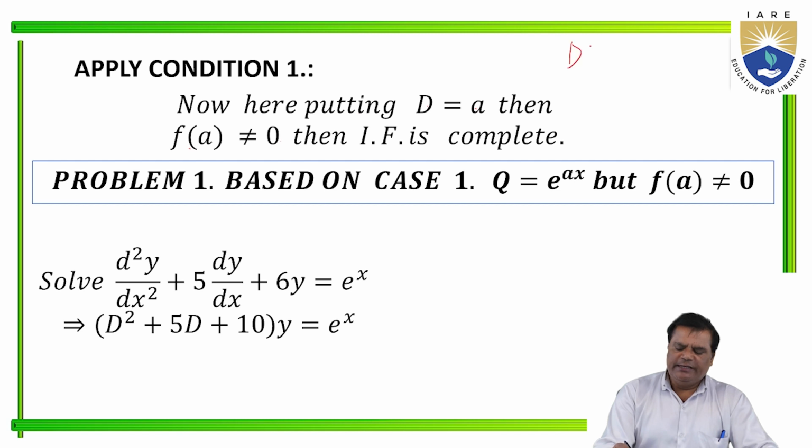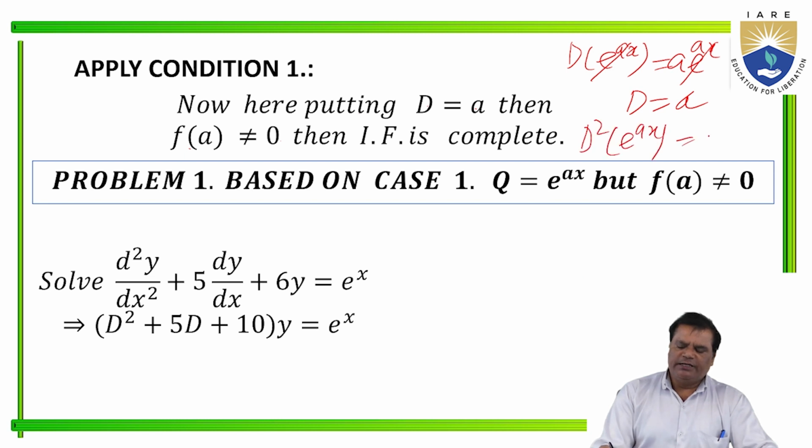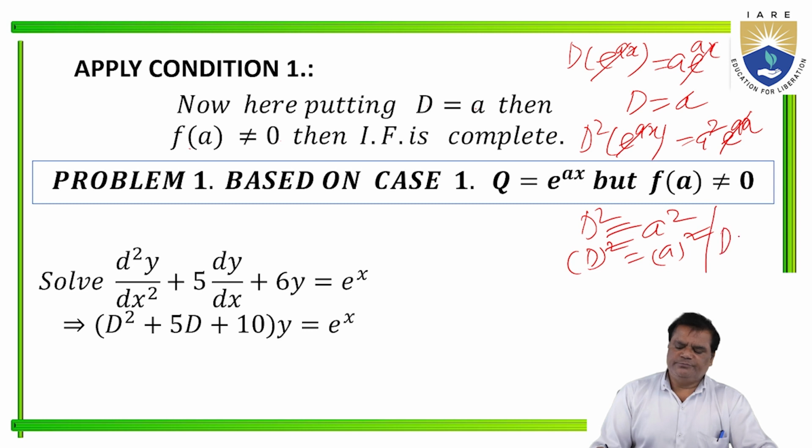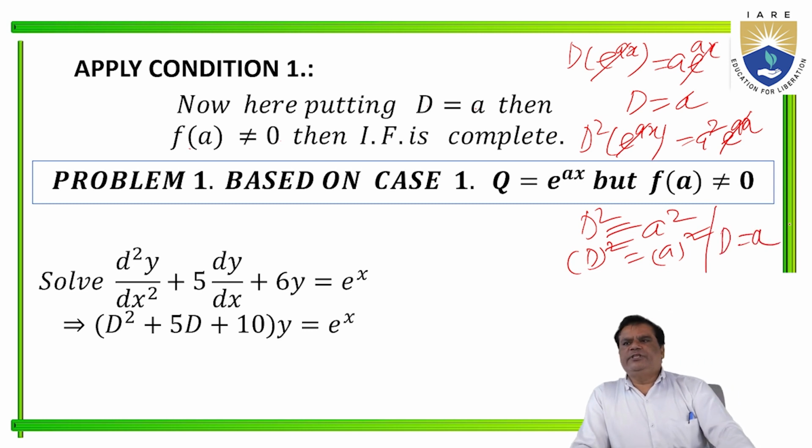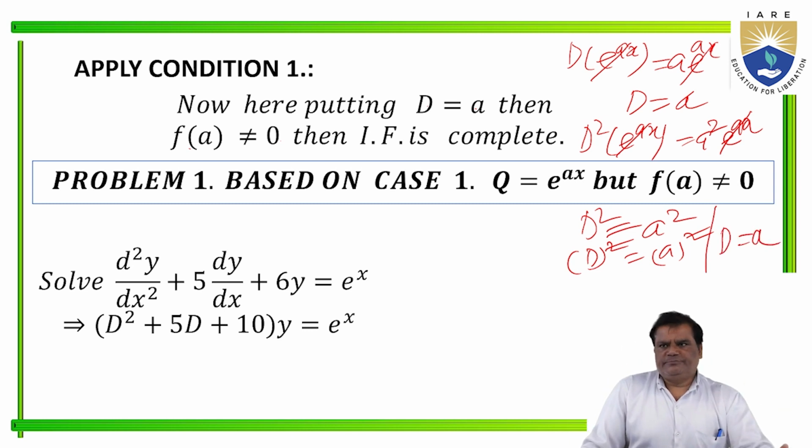We write D of e to the power ax, this results in a e to the power ax, so D equals a. D square of e to the power ax results in a square e to the power ax, so D square equals a square, which means D equals a.